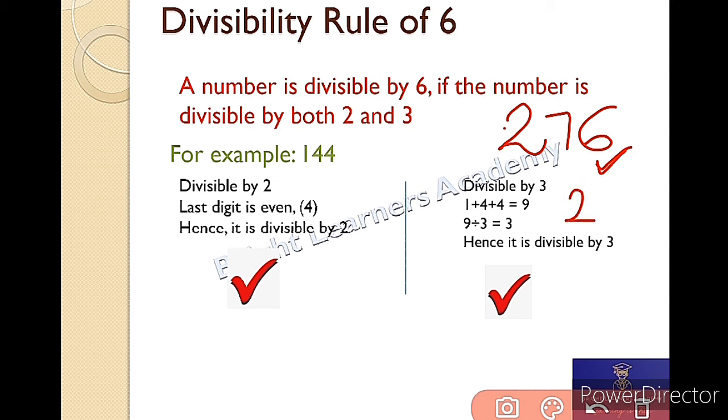So it would be 2 plus 7 plus 6, so it would be 15. And if we divide 15 by 3, we got 5 as the answer. So it means yes, it is divisible by 3. So it is divisible by 2 and 3 also. So we can say that 276 is divisible by 6 also.